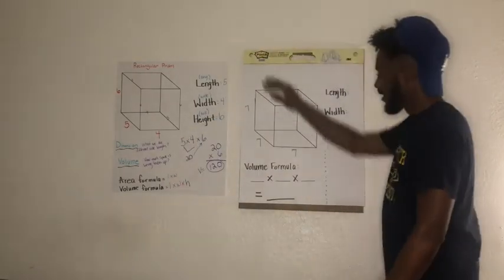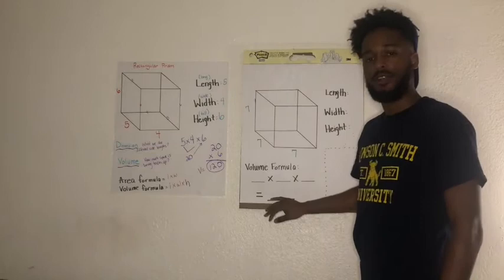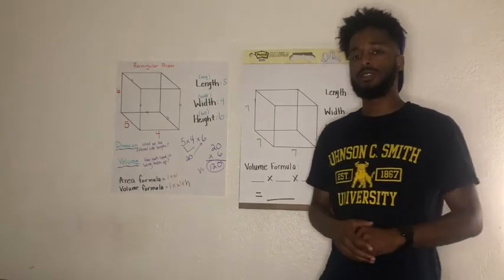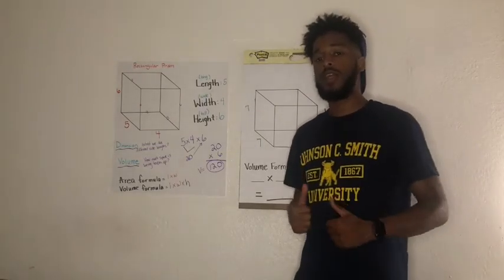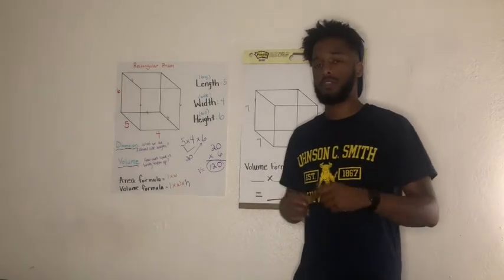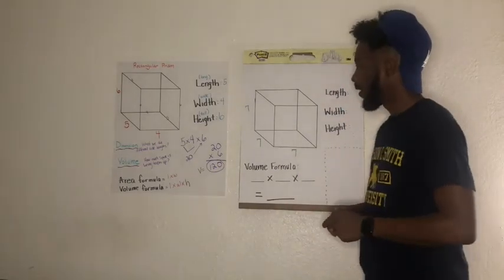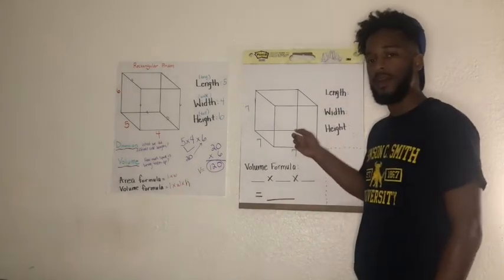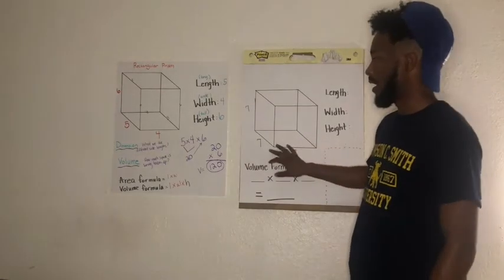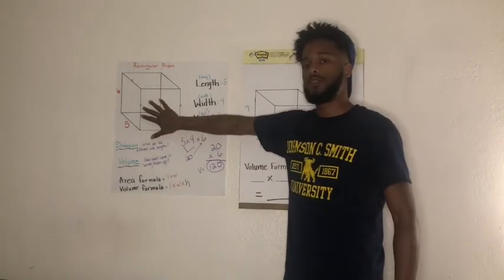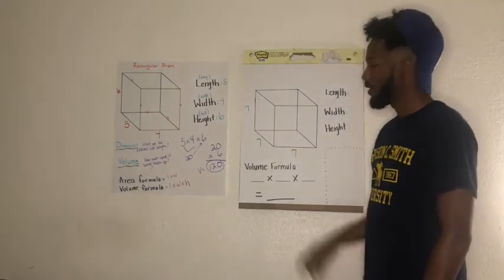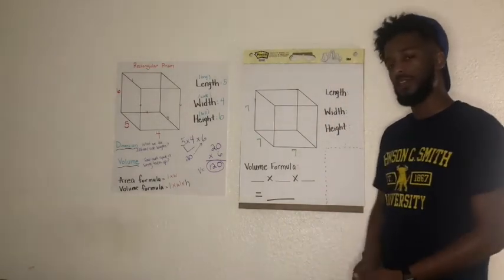Alright? Taking a look at the figure that we have in front of us, the first thing that I want us to do is take a look at the side measure or the side lengths. What do we notice is different about this figure in comparison to the first figure that we took a look at? What do you notice about the side lengths in this figure?